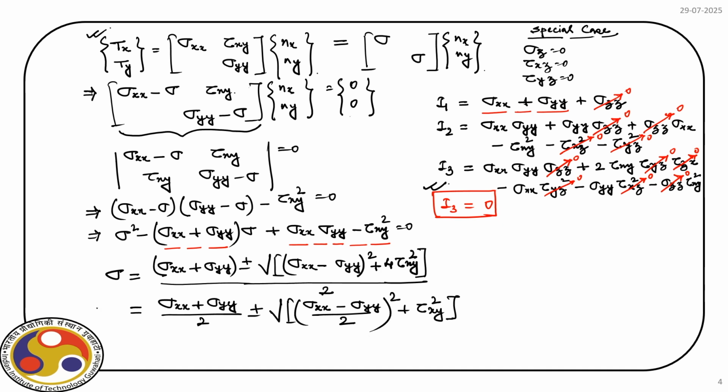Again, if you look at this expression, we have sigma 1, 2, that is in this case 2 principal stresses, and this is the expression we derived for the 2D problem, and we again get the same expression. So, sigma 1 is the first principal stress, and sigma 2 is the second principal stress.